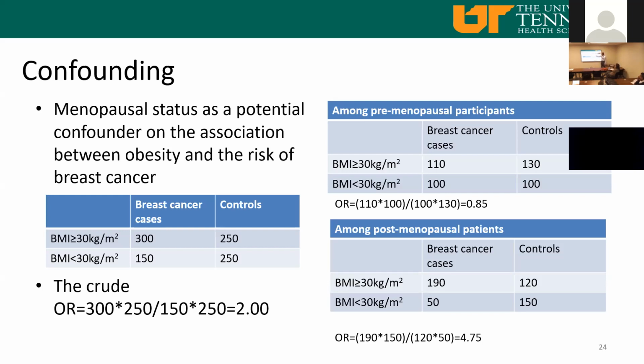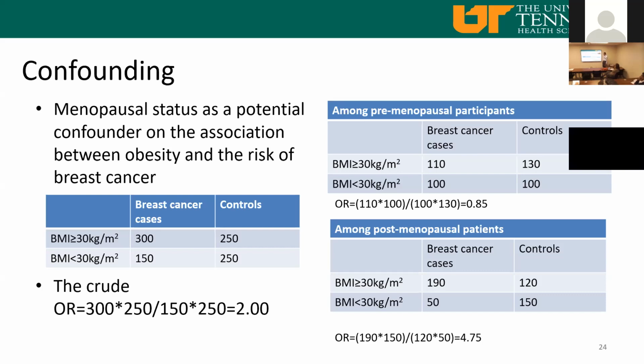And about 100 breast cancer cases in those below 30 kilogram per meter square. And the odds ratio of the obesity in the premenopausal group is about 0.85. That means high body mass index in this case is protective of breast cancer risk. While in the postmenopausal patients, the odds ratio is relatively higher, about 4.75.